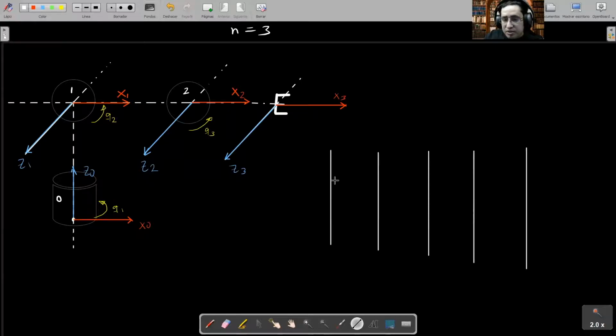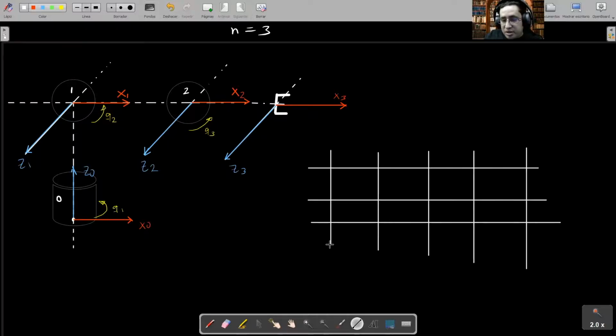Okay, and here we have 3 links. Here we go. Then here we're going to have the link number. And here the parameters. We start with a, d, alpha, and theta.